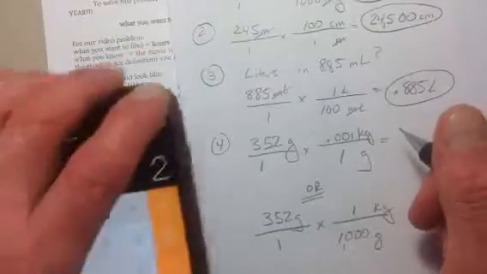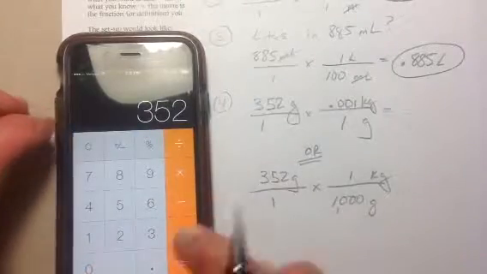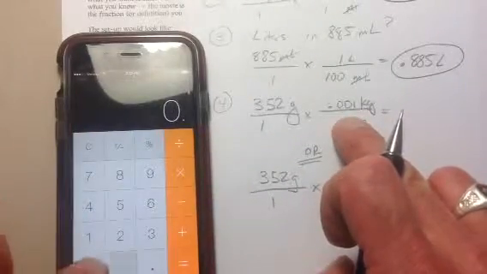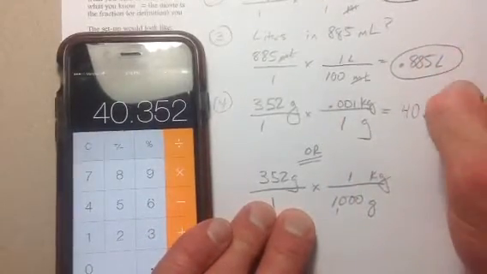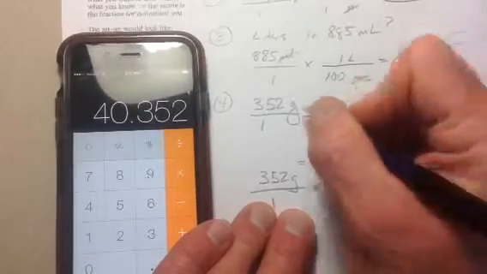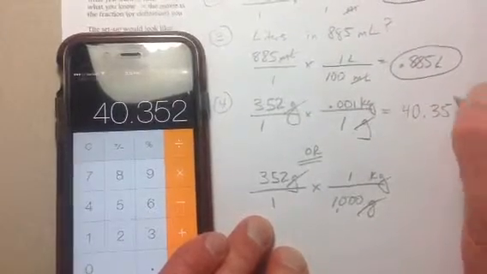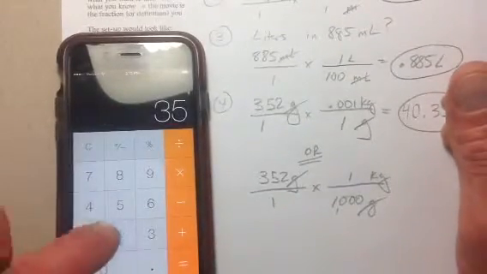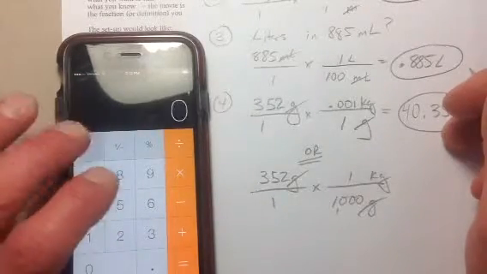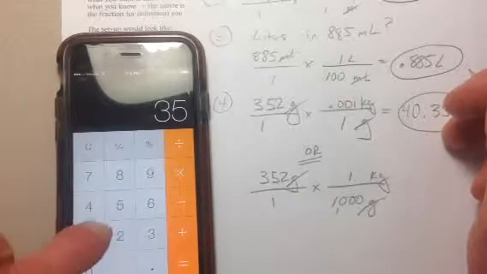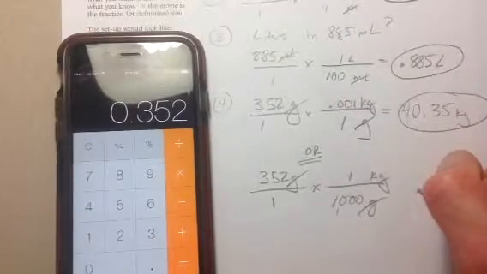And in both cases, 352 times 0.001 equals... Oh, I didn't cross out units, I'm sorry. Kilograms. And 352 divided by 1,000 equals... Wait a second here.